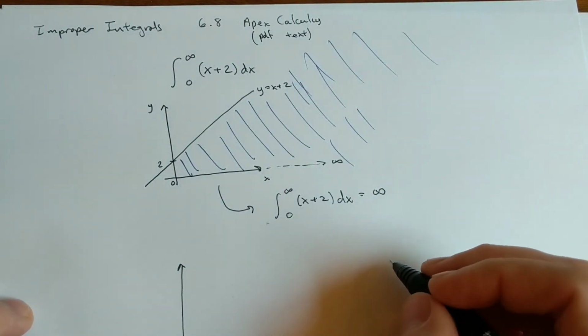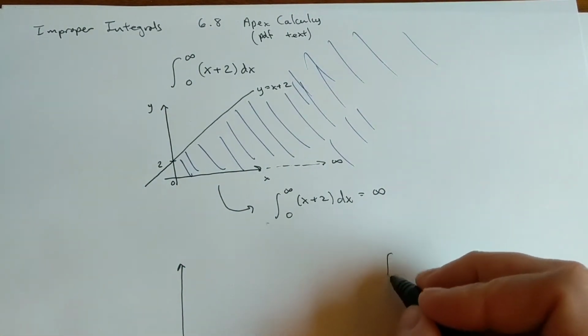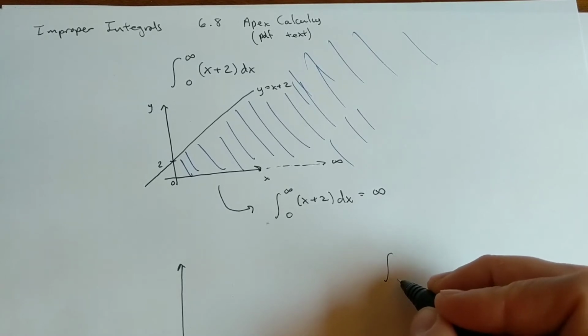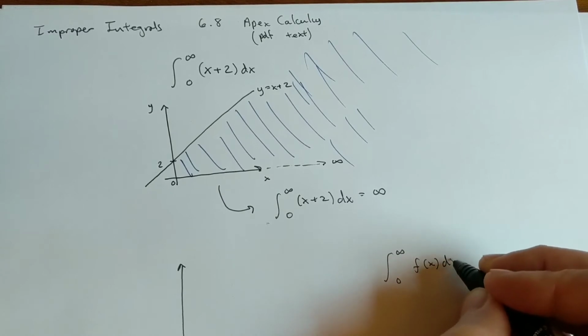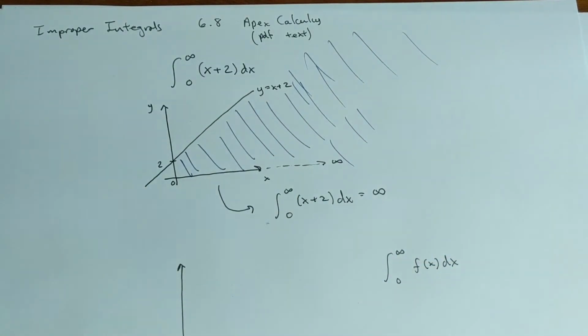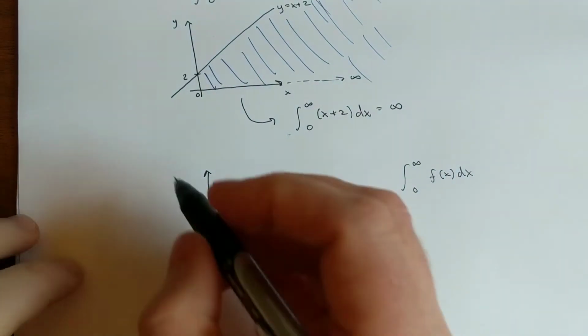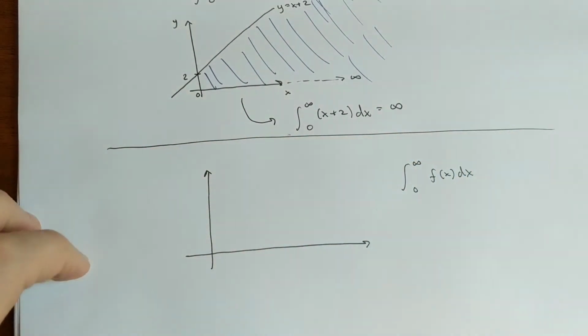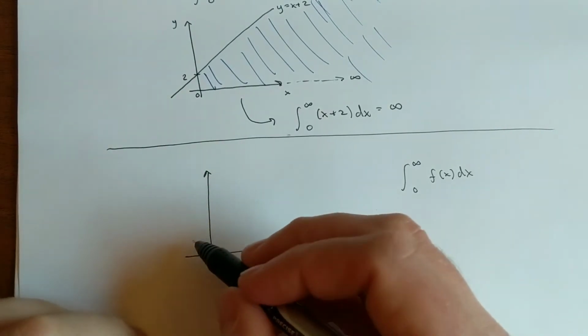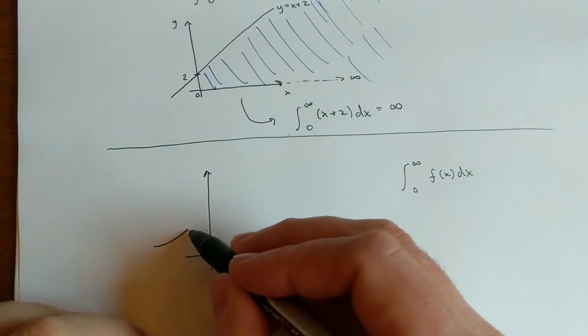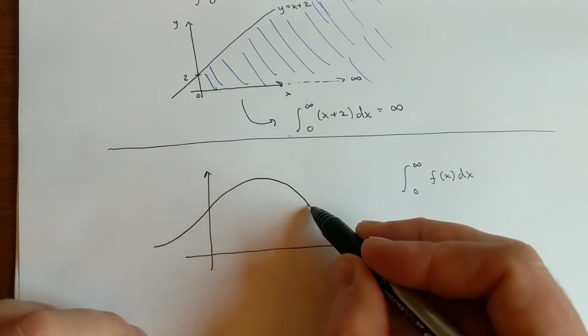And so I want to think about a function. So I'm going from some value, and we'll still start at 0 for some reason and go to infinity. So I want to think about some function here where we can let the right-hand bound go to infinity, but then the area underneath this curve will not be infinite. And so let's draw something.